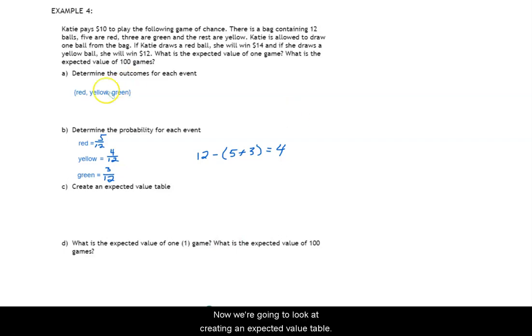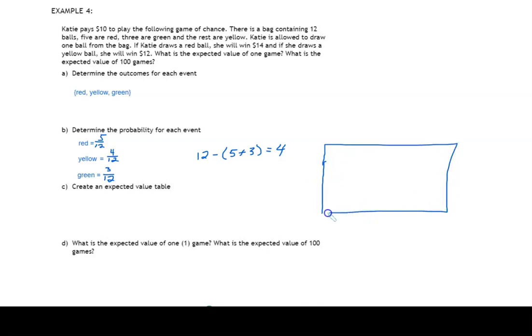So now we're going to look at creating an expected value table. I'm going to create mine kind of over here to the side so I can write a little bigger. So we would have our outcome value. And then our probability.